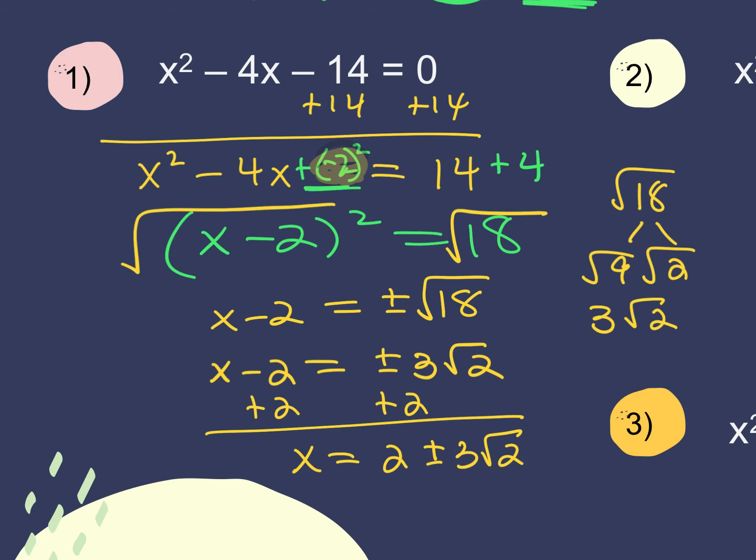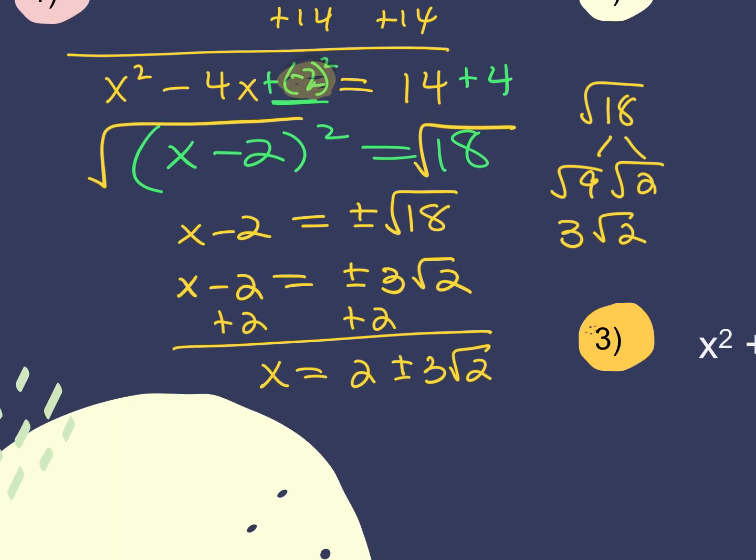Tonight when you're doing the homework or for Friday, WebAssign's going to again make you separate it with a comma, and they're not asking you about the order. So here you could do it as 2 minus 3 radical 2, comma, 2 plus 3 radical 2.